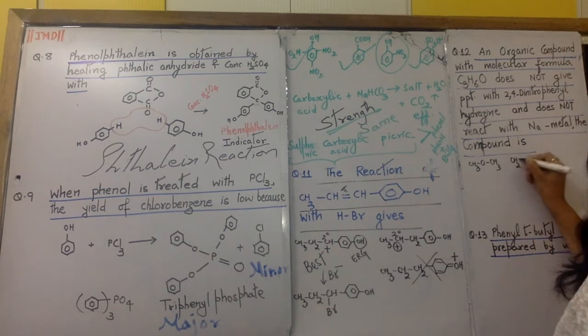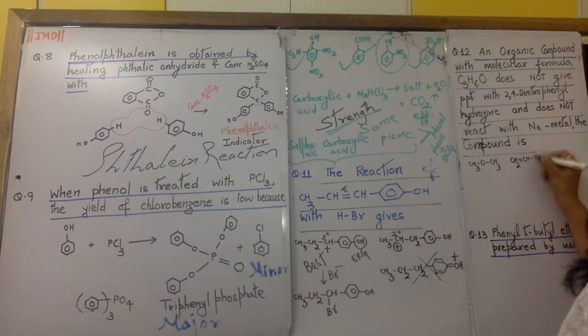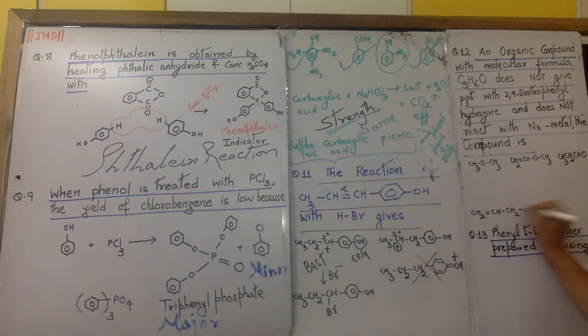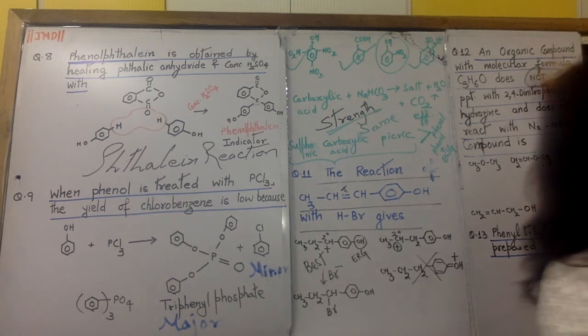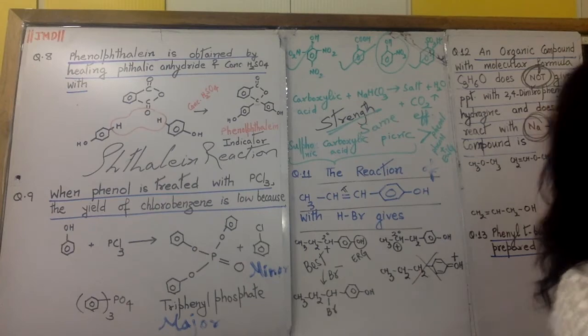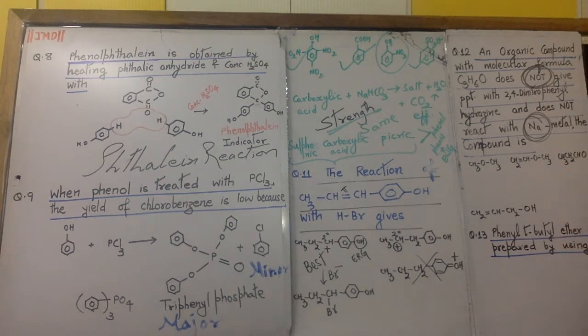Another option is CH2=CH-O-CH3. Another option is propanol. And the other option is allyl alcohol, that is this. These are the 4 options. And I want to find the one which does not react with phenyl hydrazine and does not react with any metal.